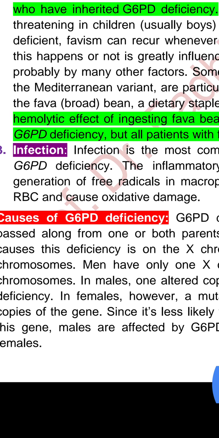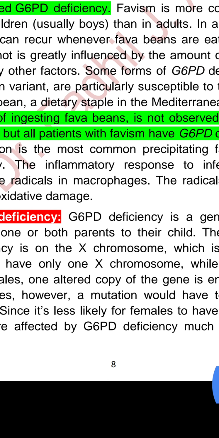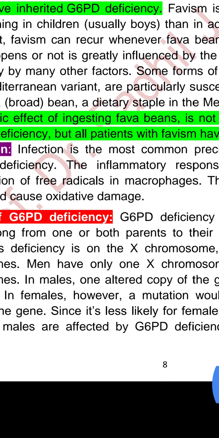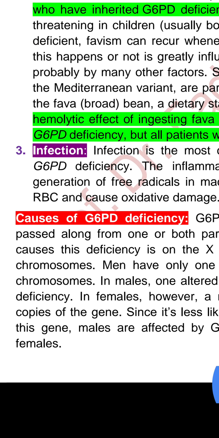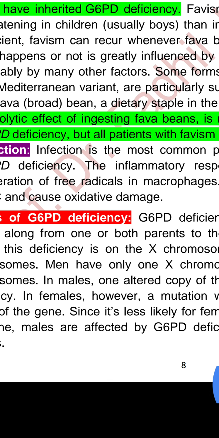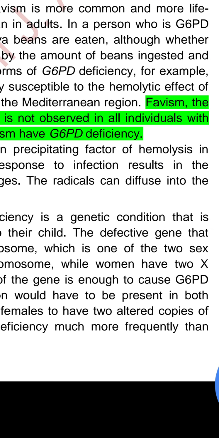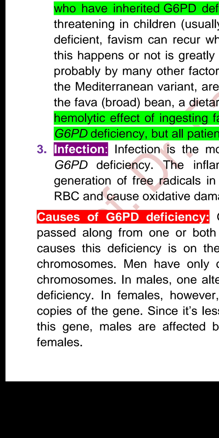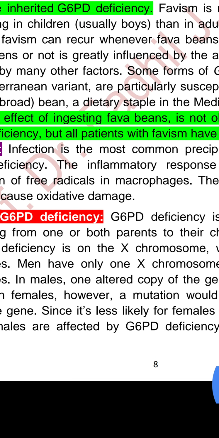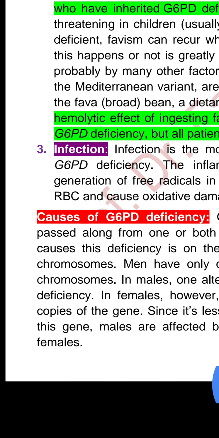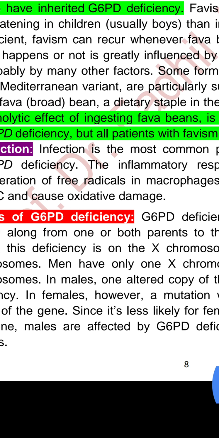Infection is the most common precipitating factor for hemolysis in G6PD deficiency. The inflammatory response to infection result in the generation of free radicals in macrophage. The radical can diffuse into the RBCs and cause oxidative damage.